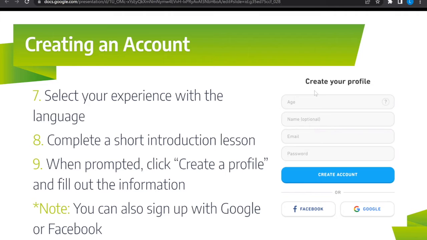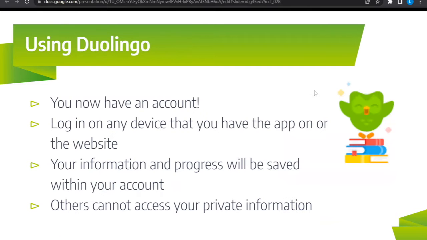You can also sign up with Google or Facebook to skip most of the information. After that, you now have an account. Then you can log into any device that you have the app or the website on. Your information and progress will be saved with your account. Others can't access your private information from there.